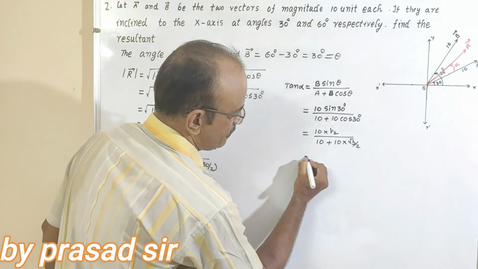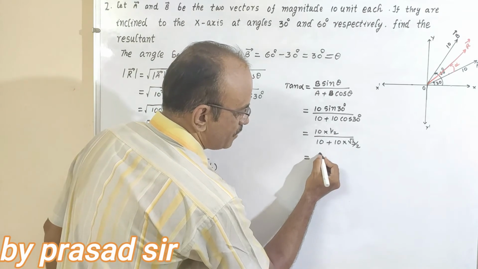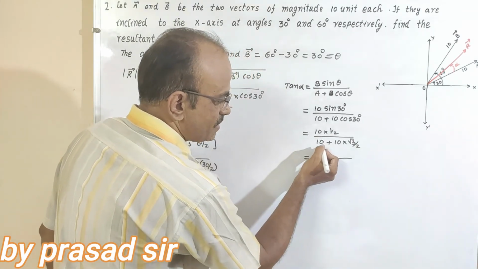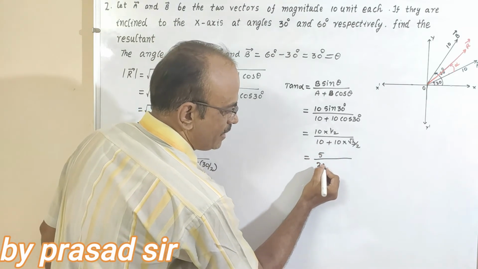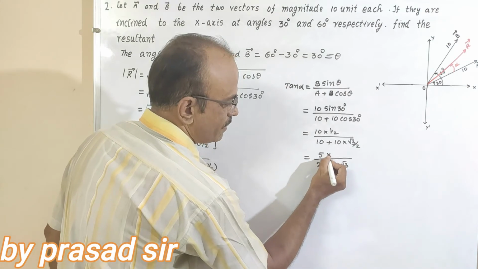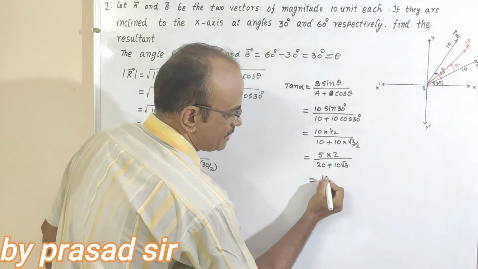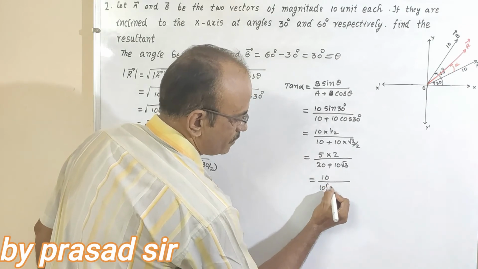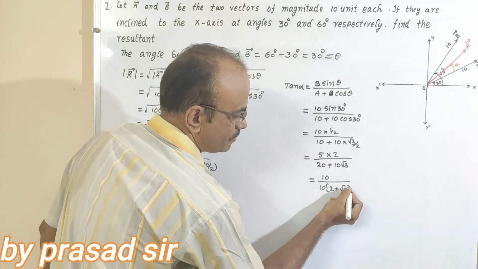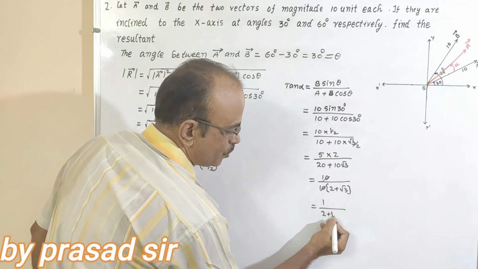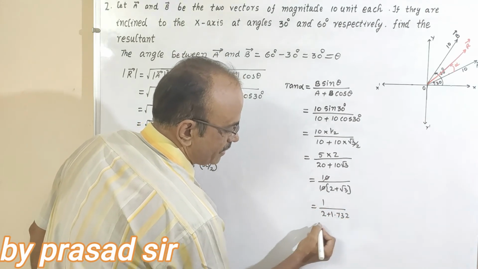Now see this one: 10 becomes 5, divided by 20 plus 10 root 3, into 2. Now 10 divided by, with 10 common, 2 plus root 3. The 10 cancels, so 1 divided by 2 plus 1.732.